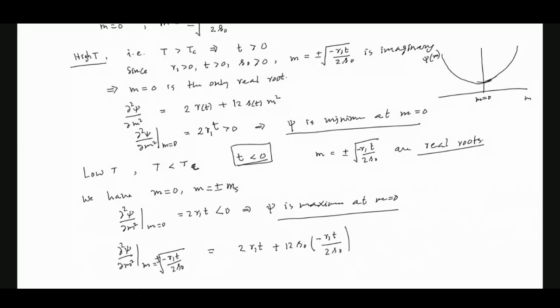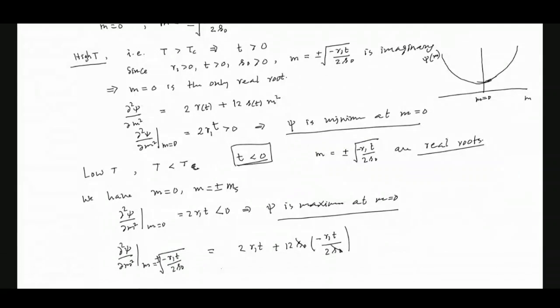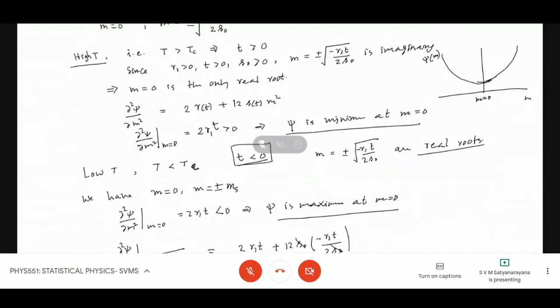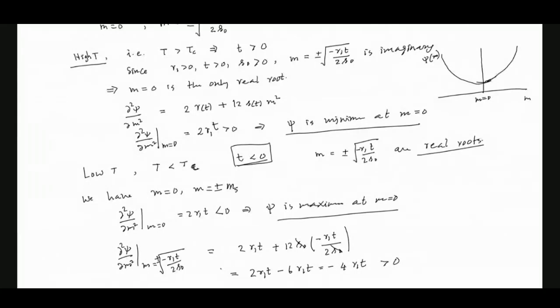Okay, so this s naught will cancel, and you have 2r1 t plus 6 r1 t, so that's equal to minus 4 r1 t, but t is less than 0 and hence this is greater than 0. So we have psi is minimum at m is equal to plus minus square root of minus r1 t divided by 2 s naught.